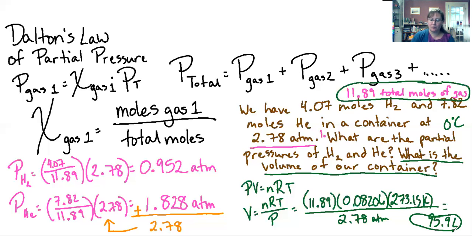All right, now let's take a look at another possibility that we can do with Dalton's law, and that is the idea that you have a couple of different chambers of gas. Let's take a look at a problem, and I'm actually going to show one that's in the slide so that I can draw a picture of it.